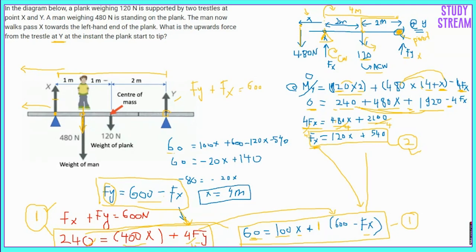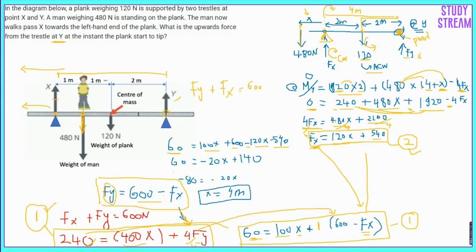So I just put it here on the side, 60. 100x stays the same. 600 stays the same. Instead of using fx, I have to use this instead. So I put my negative sign in the front. I substitute fx, 120x here. I substitute the other number, negative 540.